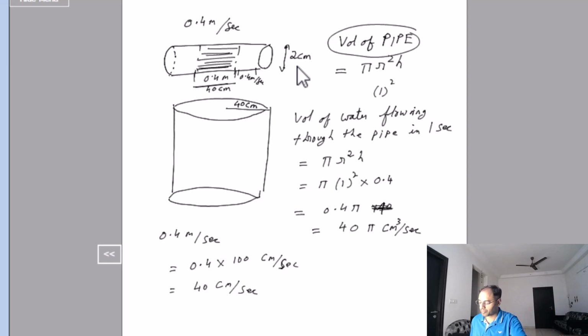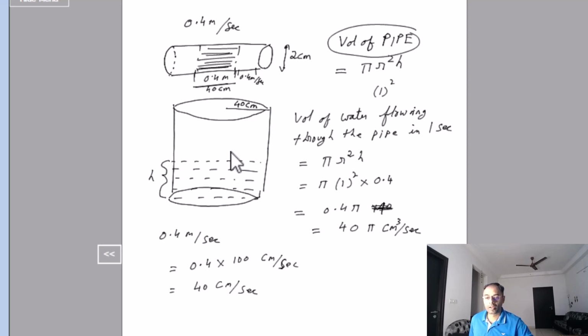Now where is this water falling? Into the cylinder, into this particular tank. And the final question that is asked is, what is the height up to which the tank is filled? Let us assume this is the height. So in half an hour, this much amount of water is filled in the tank.